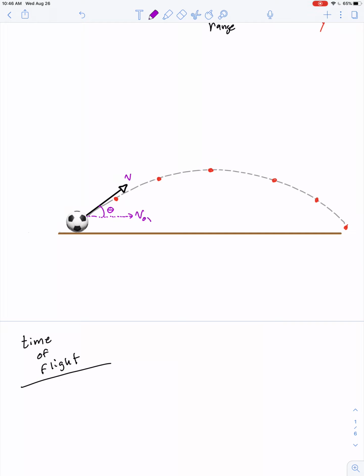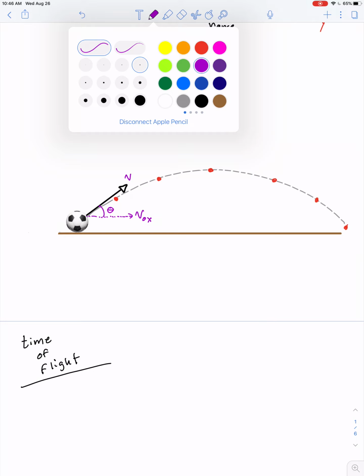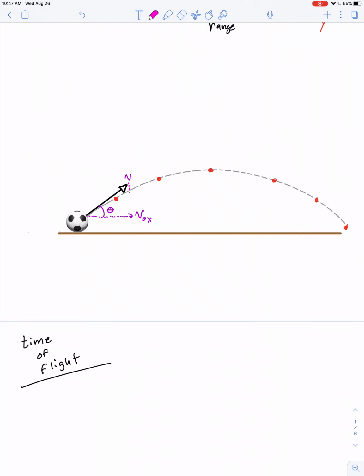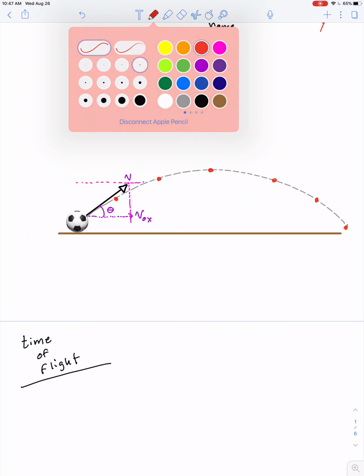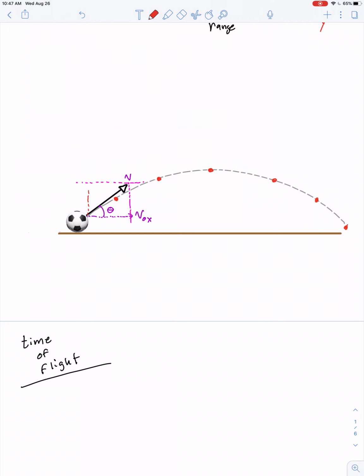So we have the initial horizontal component. And notice I'm building a right triangle out of the velocity vectors. If I make a line that goes horizontal, that can help me construct the initial vertical component to the velocity.